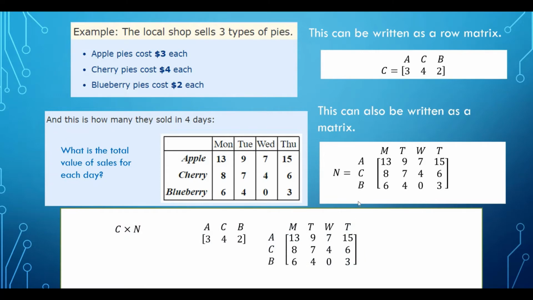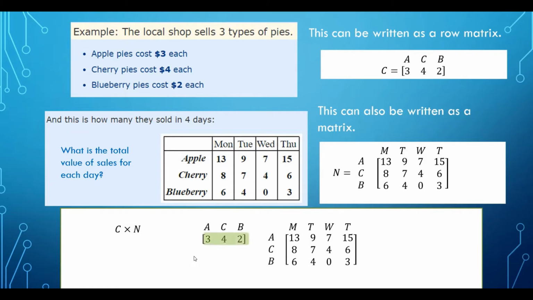So what I need to do is multiply the value of each pie by the number of pies sold. So I'm going to multiply my matrix C with my matrix N. Now matrix C is a 1 by 3 matrix and matrix N is a 3 by 4 matrix, so I can multiply them together.